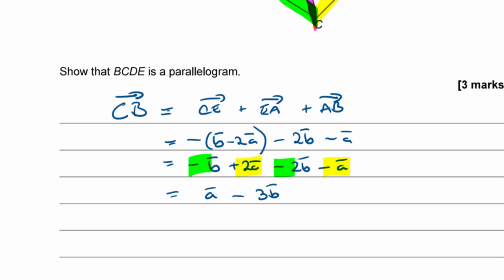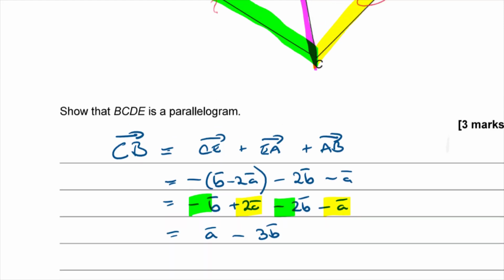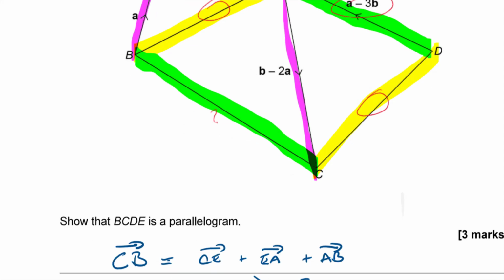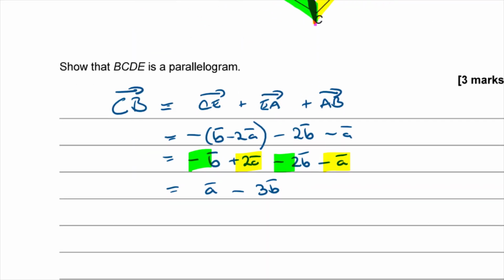So my vector C to B is the vector A minus 3B. But hold on a minute, that's the same as the vector D to E, isn't it? A minus 3B. So I can say that is the same as D to E.